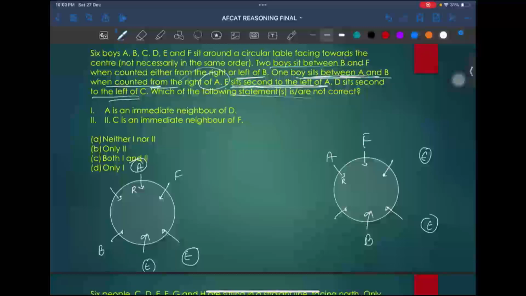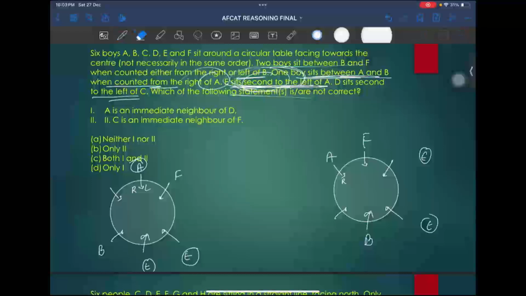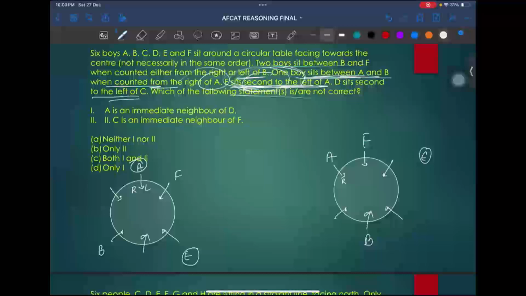E sits second left of A. The question they have told is that E sits to the second left of A. Second left in the sense it will be next to F. So A position is fixed, F position is fixed, E and B position is fixed.